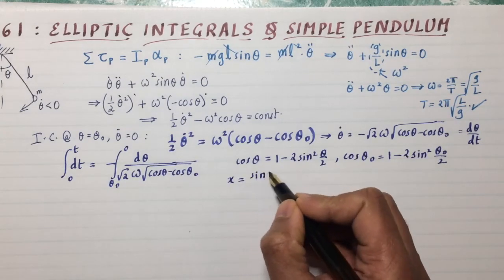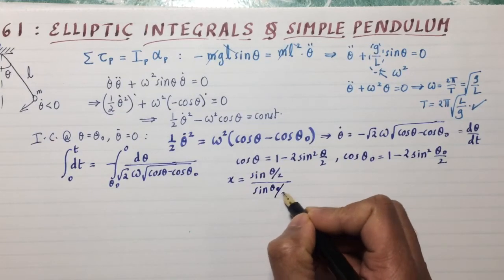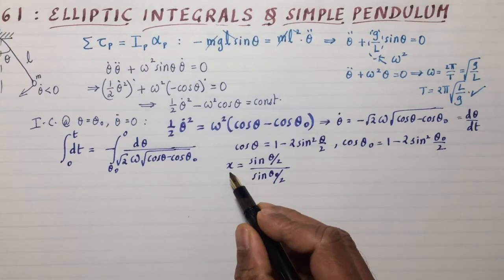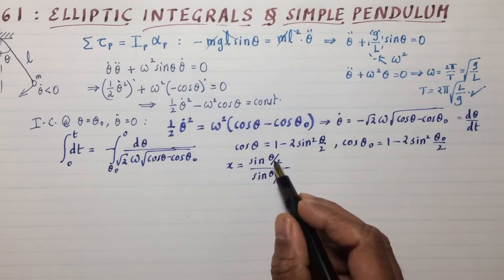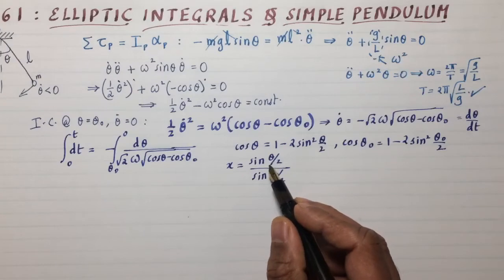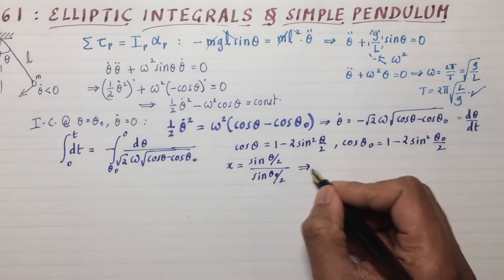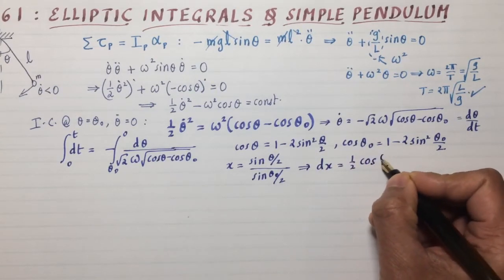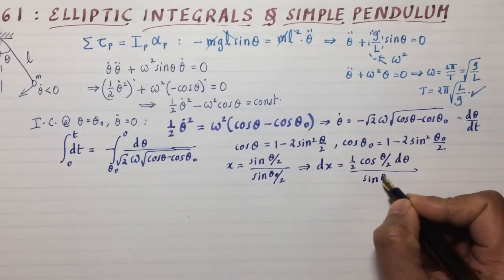It seems awfully opaque right now why we do this, but it'll become clear when we get further. So this makes the value of x lie between 0 and 1, because theta cannot be bigger than theta naught, and it can be as small as 0. So that's great. Then dx will be 1/2 cosine theta over 2 d theta divided by sine of theta naught over 2.